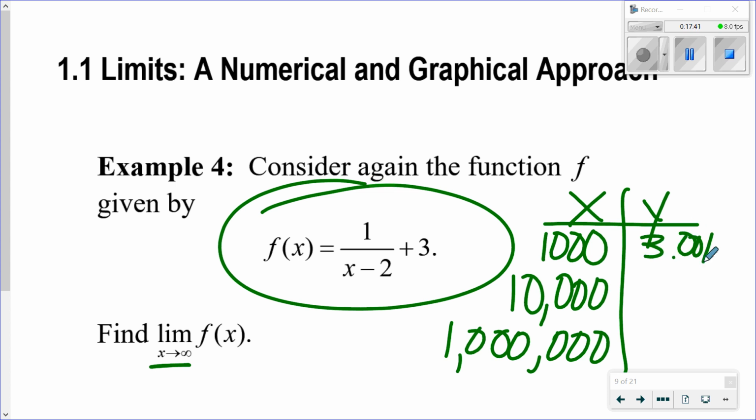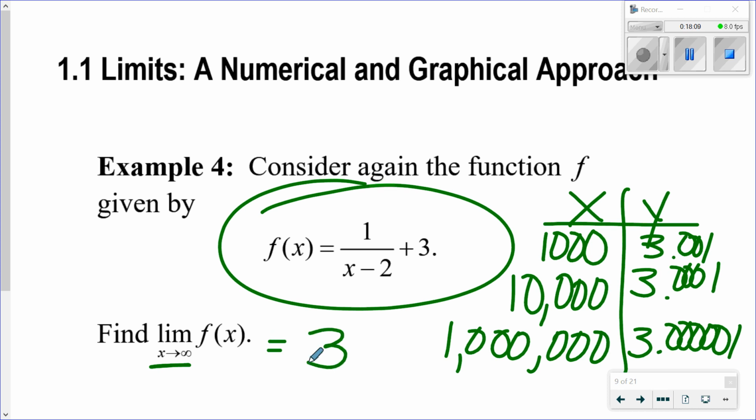When I put in 10,000, I get 3.0001. When I put in 1 million, I get 3.0000001. So it looks like the limit is trending toward 3.